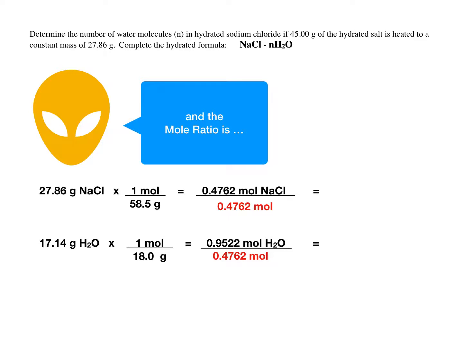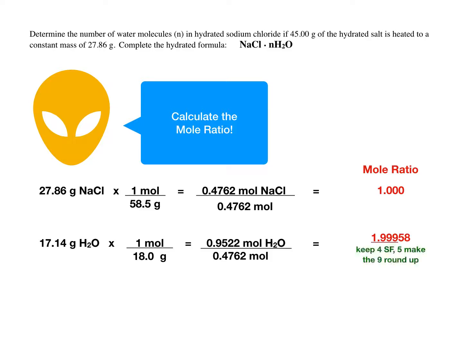mathematically the units reduce and we end up with a ratio. So since there is no more units, it's considered just a ratio. And on your calculator you should see that it works out to be 1 for the NaCl, and we get a number with lots of decimal points for the water. So I just try to think of this in the realms of sig figs.